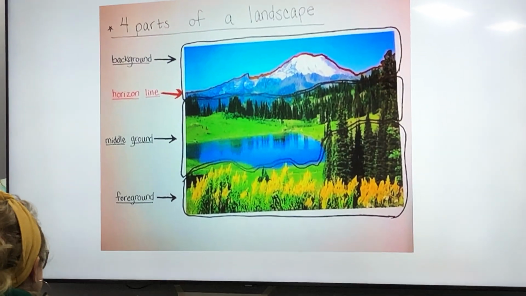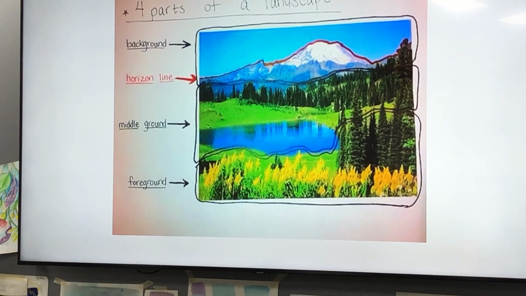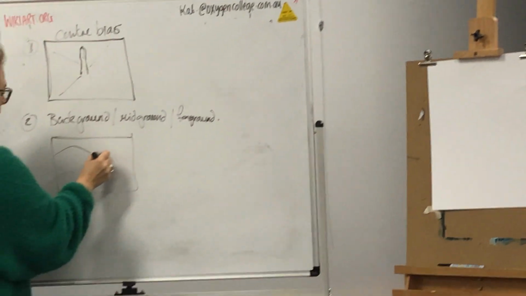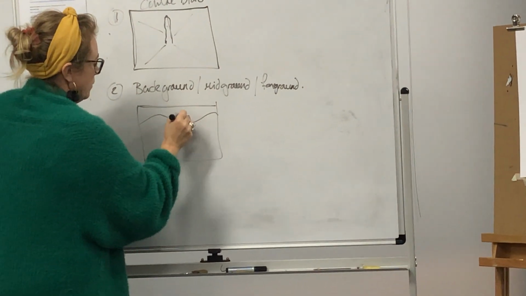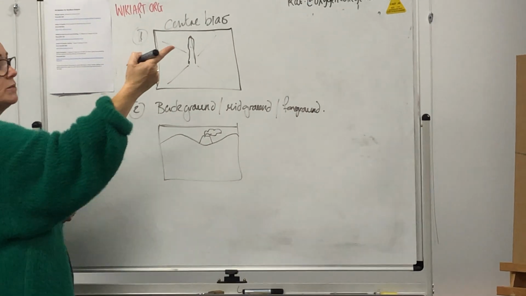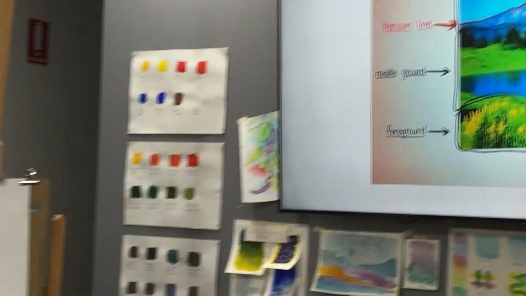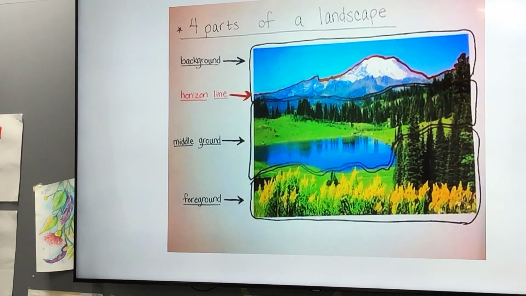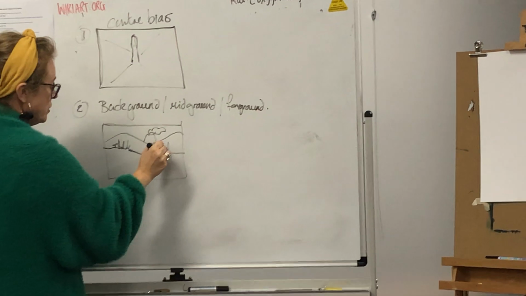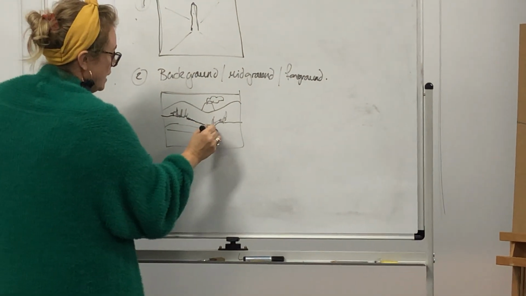I'm going to see whether I've got it on here. Okay, here we go. So this kind of explains it, middle ground, there we go. Your background is going to be the hills in the distance, let's say. And there's a volcano. And that's my background. Now my middle ground, so for this one, there's your hills. Here you can see that whole section is where I've gone in and I've started to put some trees, and there's a bit of a pond in there, and that's my middle ground.